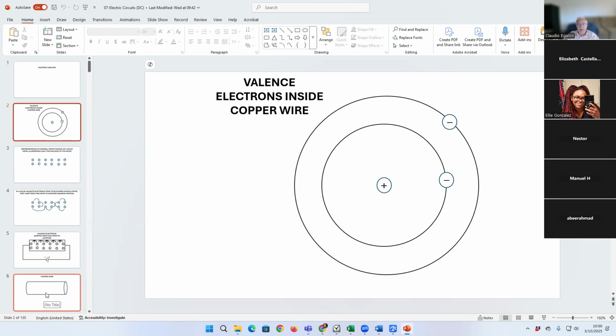It's just like that. You have inner electrons and outer electrons. The outer electrons, the ones that are further away from the nucleus, are the so-called valence electrons.